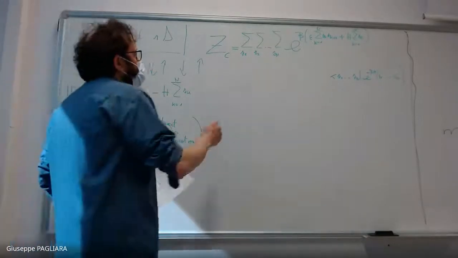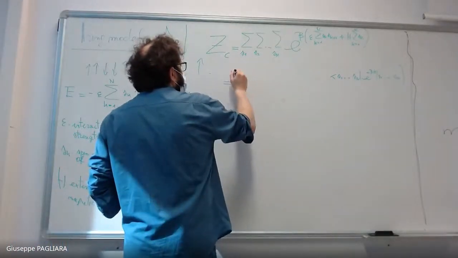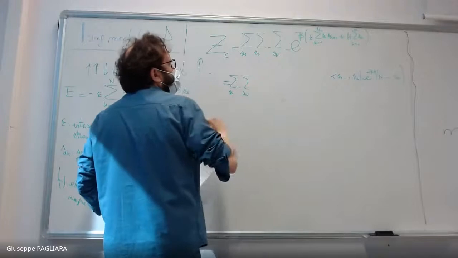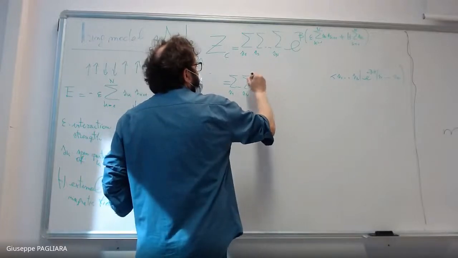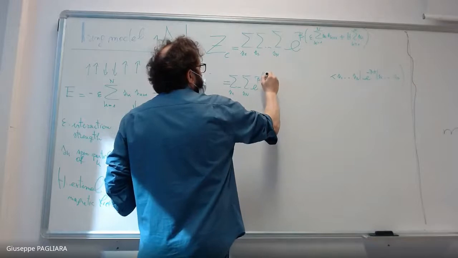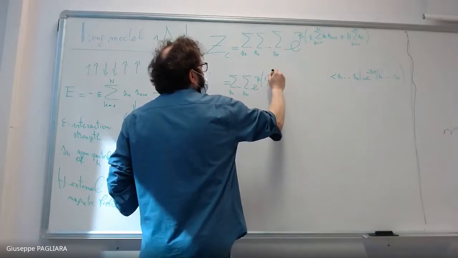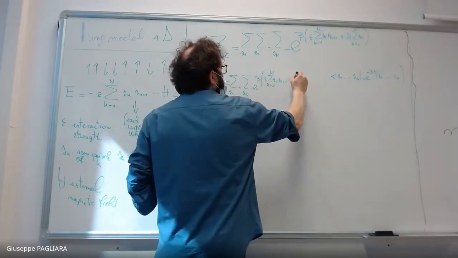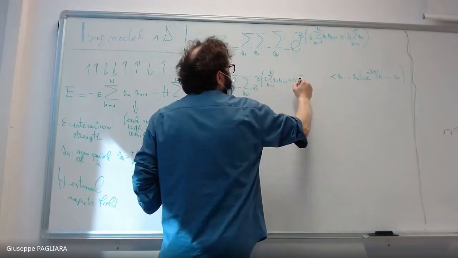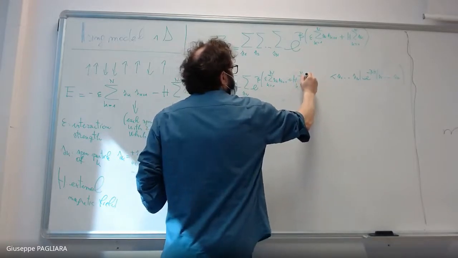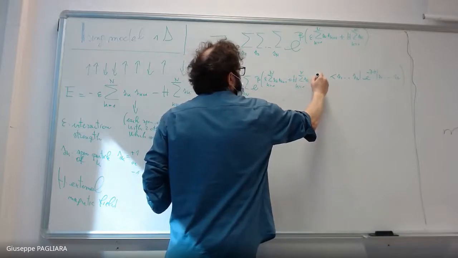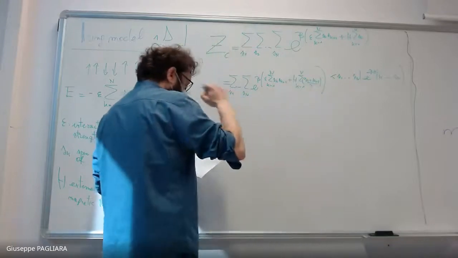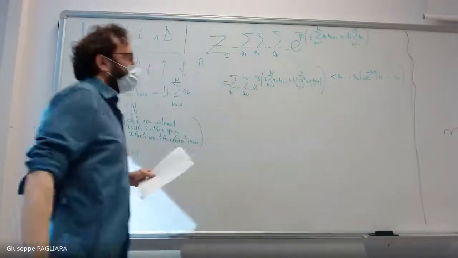Now, since we have made the assumption on the boundary condition, we can slightly modify this canonical partition function. Here you have beta times epsilon sum from 1 to n of S_k S_{k+1} plus h, and here I'm going to write the sum from 1 to n of (S_k plus S_{k+1}) divided by 2.